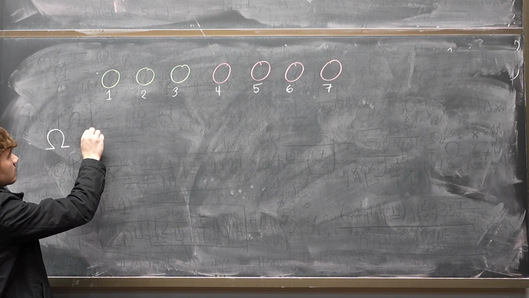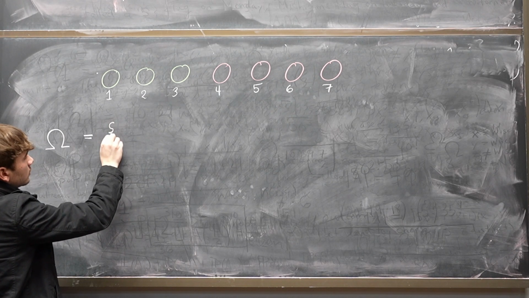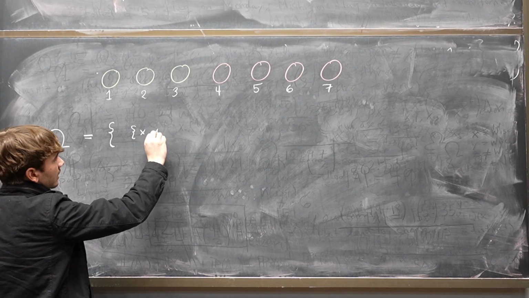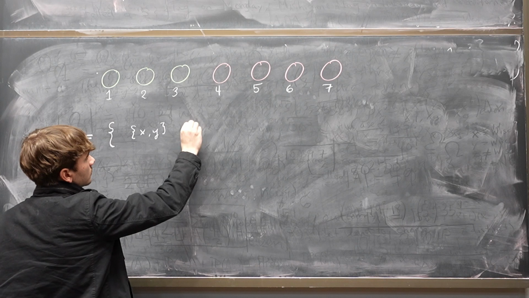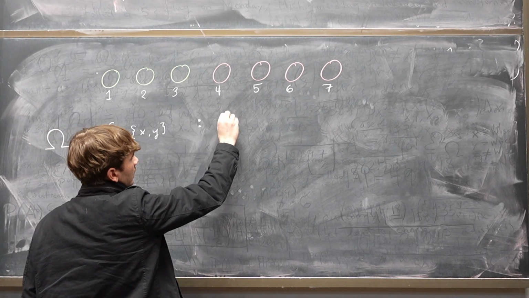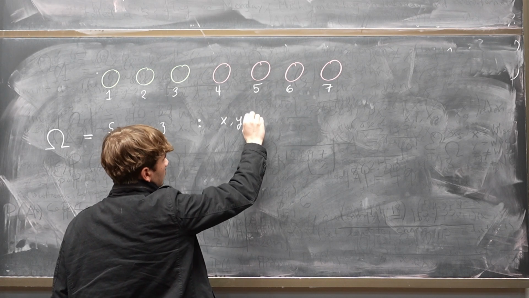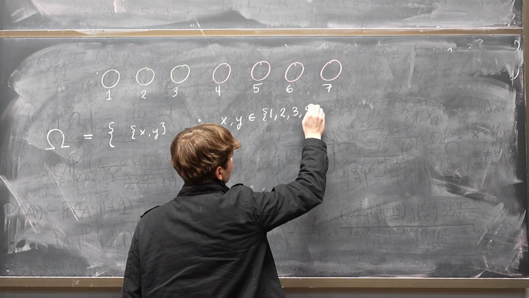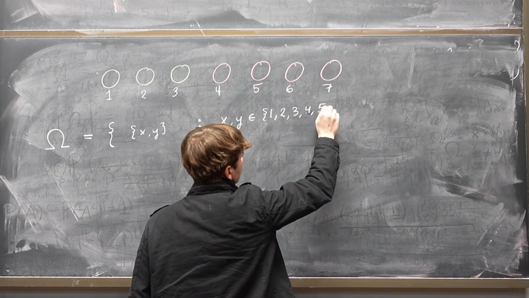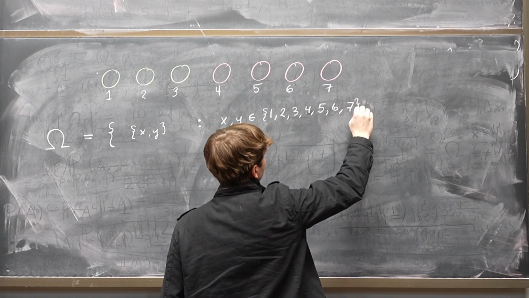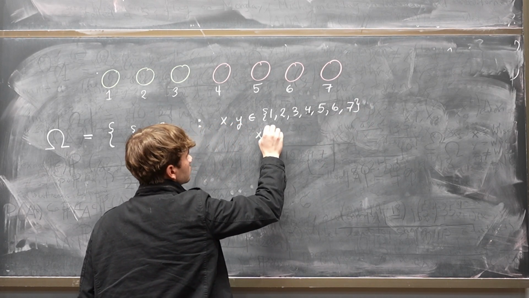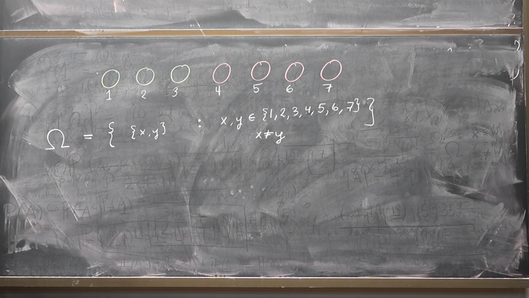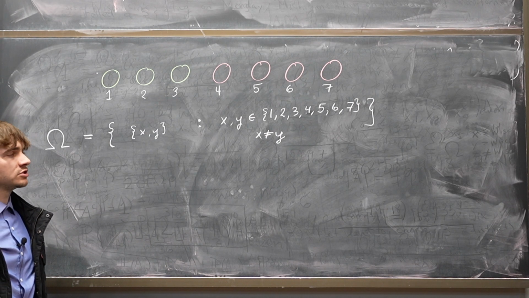So this is going to be equal to the set of, let's denote a set {x, y} such that x and y belong to 1, 2, up to 7. Okay, so this is perhaps a little bit cumbersome notation, but it gets the job done.